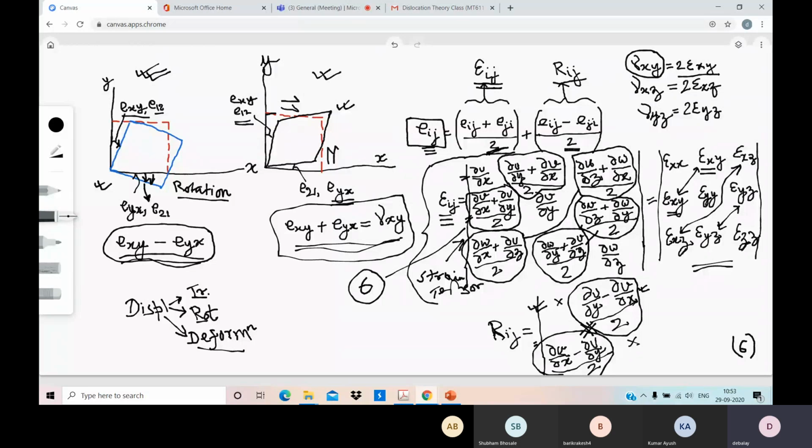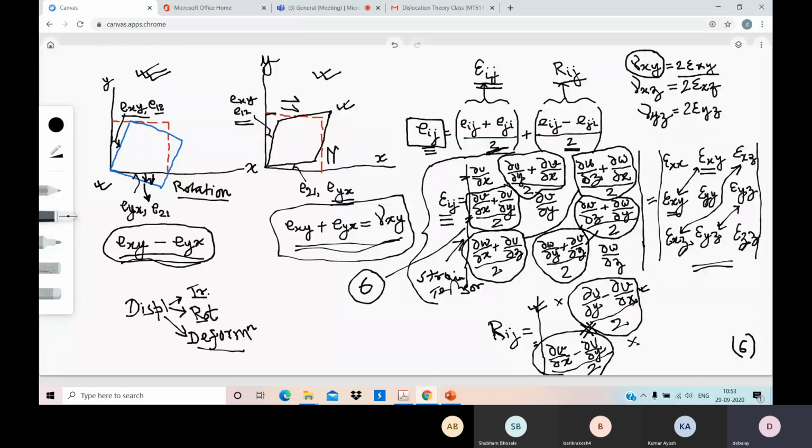Similarly, gamma xz equal to 2 into epsilon xz. Gamma yz equal to 2 into epsilon yz. So on the yz plane, what is the total angular change if you apply all kind of stress? That is represented by gamma yz or gamma xz, which is epsilon xy plus epsilon yx. So 2 into epsilon xy.